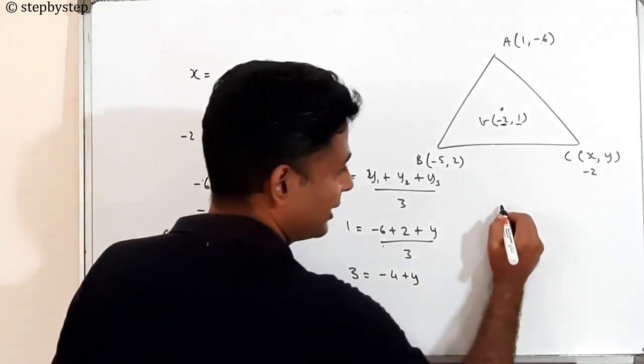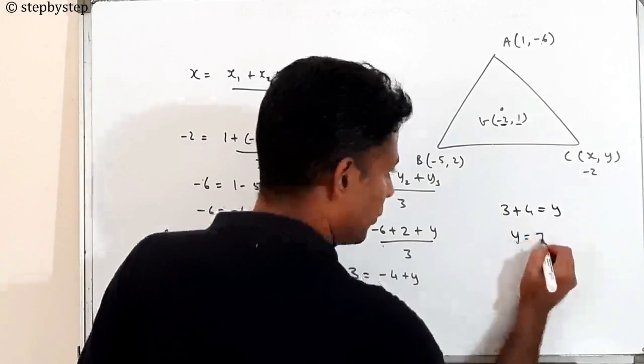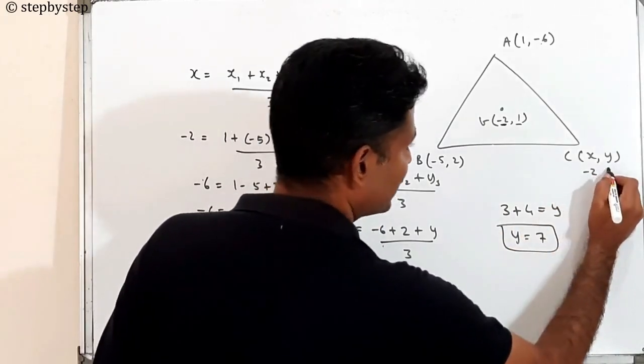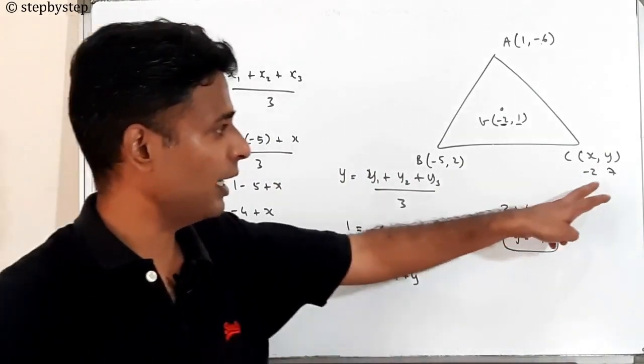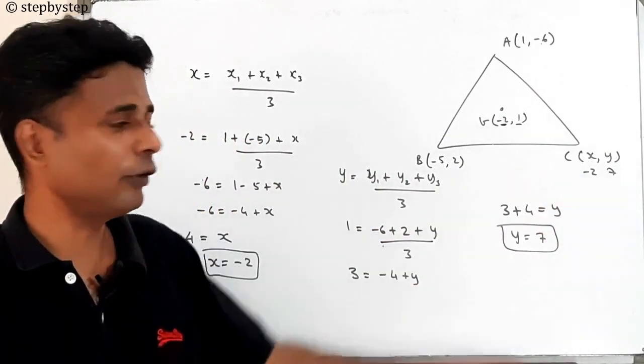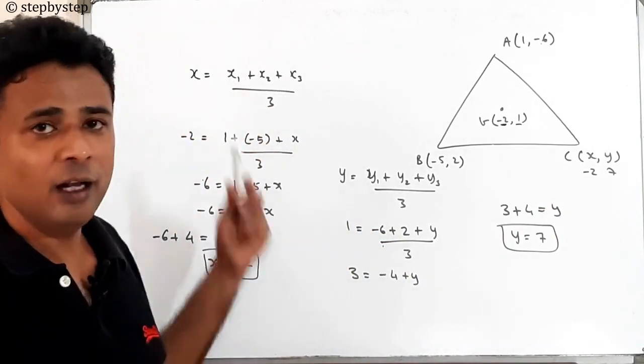Minus 4 when I transfer to this side becomes plus 4. So 3 plus 4 equal to y. So y equal to 7. So the coordinates are minus 2 comma 7. So this is how we found the third vertex. Very easy problem. Just have to apply the centroid formula.